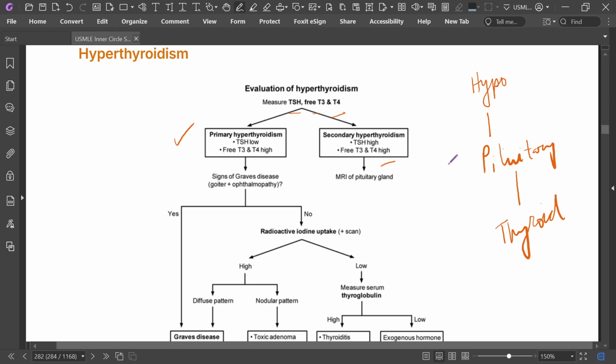So if both of them are high, like TSH is high, FT3, FT4 are high, the problem is in the pituitary. So do the MRI of the pituitary gland.